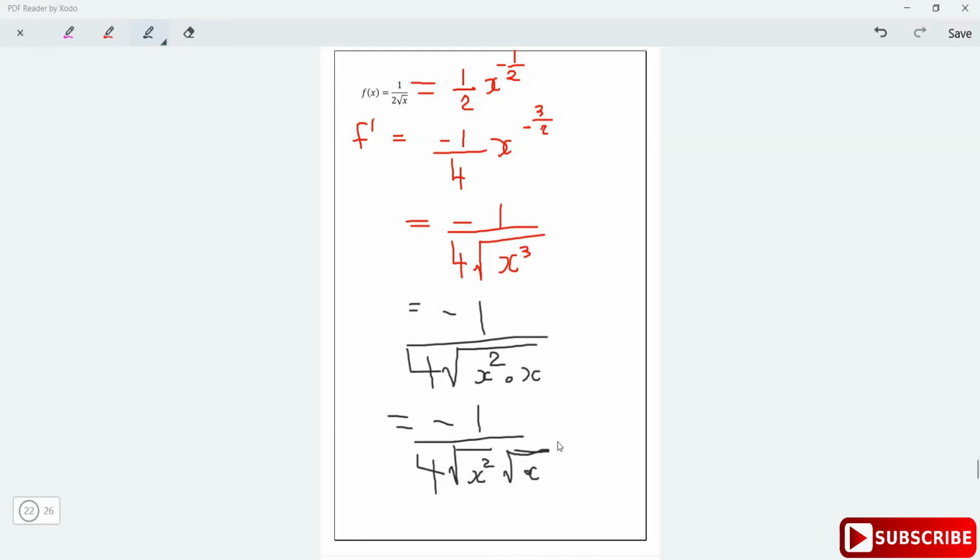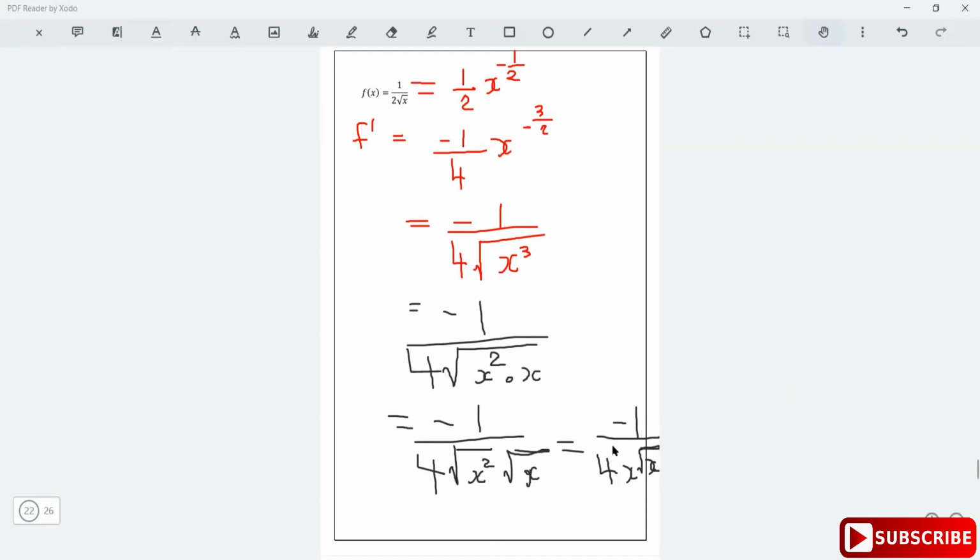So yes, we get the same thing: minus 1 over 4x times root x. We're good.